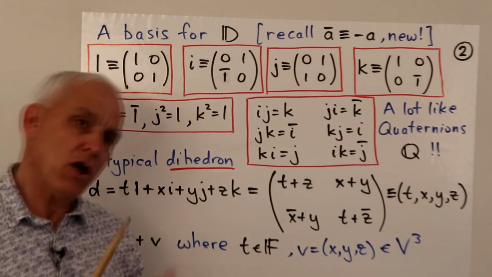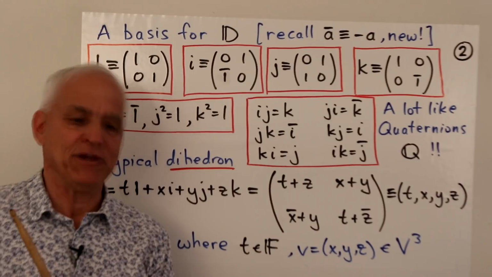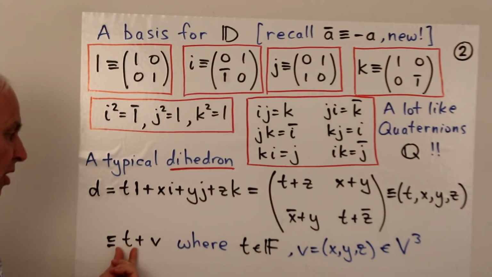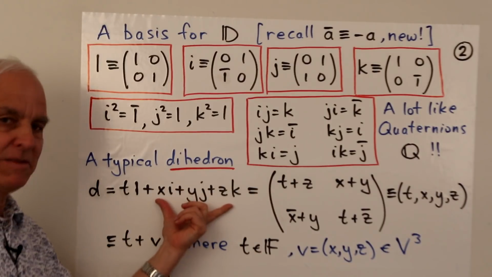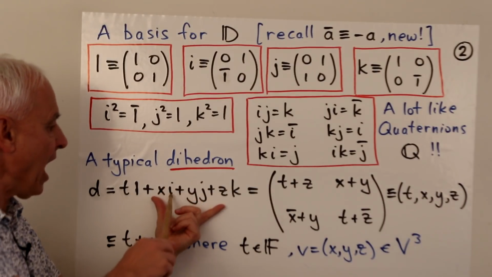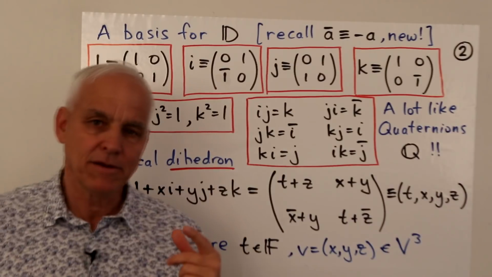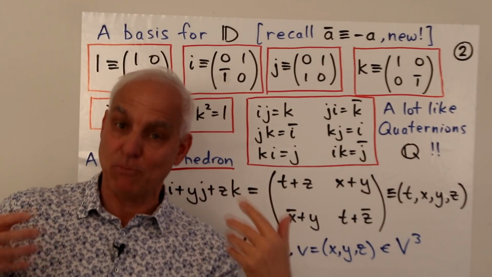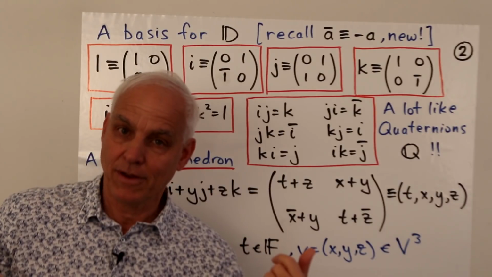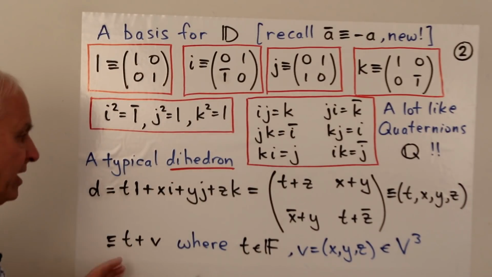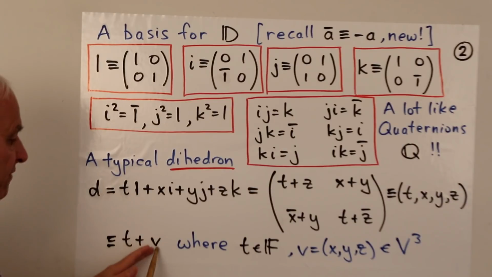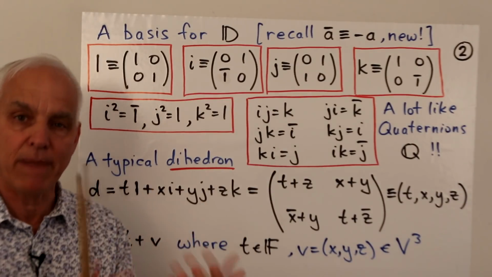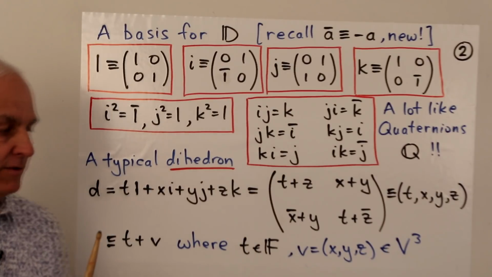Now, there's an alternate way of thinking about what a dihedron is, that is separating the t part from this part here. So the i, j, and k can perhaps be thought of as 3 vectors in a 3-dimensional space that's more familiar to us. So what we have here is actually t plus a vector v, where this vector is the vector x, y, z in a 3-dimensional space over the field.